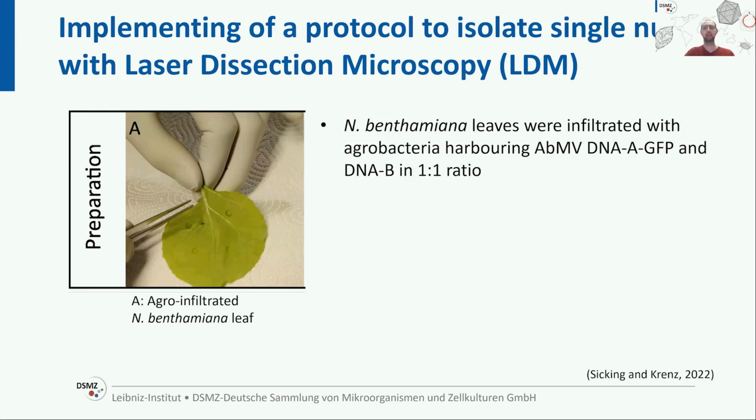Here, for example, we infiltrate Nicotiana benthamiana leaves with agrobacteria, which are harboring a GFP-marked ABMV clone, as Björn recently mentioned. And this leads to a GFP expression in the infected cells.